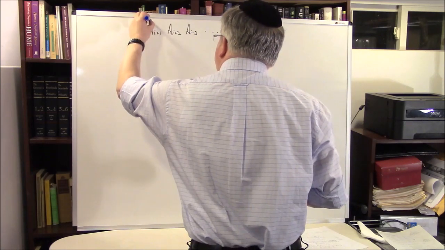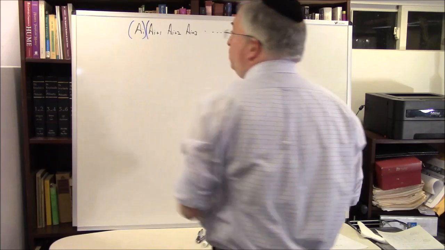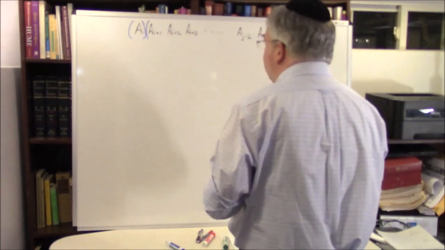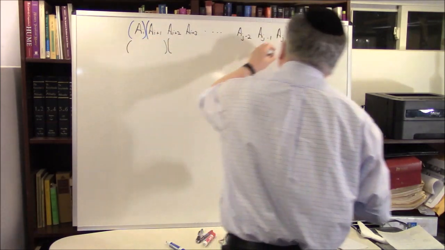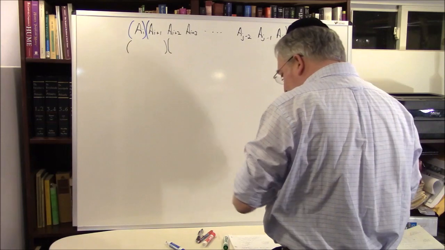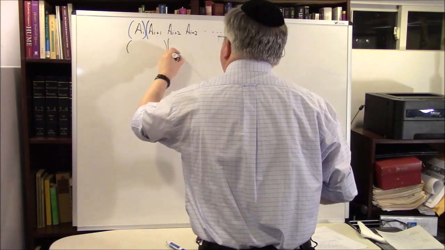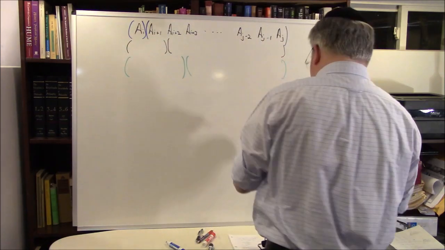One is, do it like this, with this by itself. Here's another possibility: do these two parenthesized, and then do this one parenthesized. Here's another possibility: do these 3 parenthesized, and do that like that.